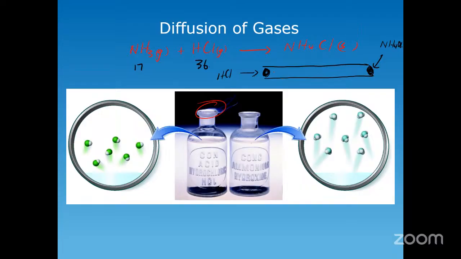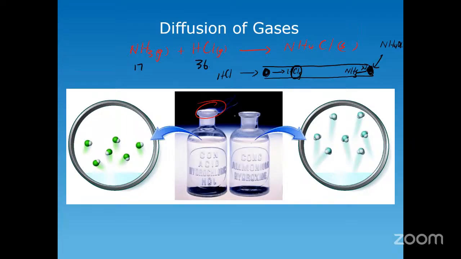So this will produce hydrogen chloride gas, and this will produce ammonia gas. And you wait a while, and you're going to see a white solid ring formed at the end closer to the cotton soaked with the HCl.